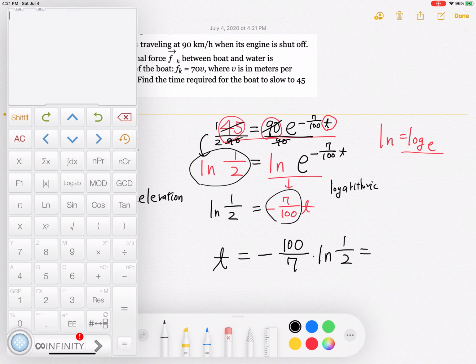Negative 100 over 7 times natural log, ln of 1/2.